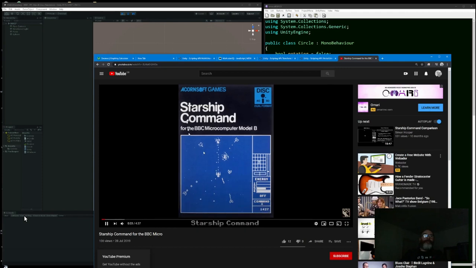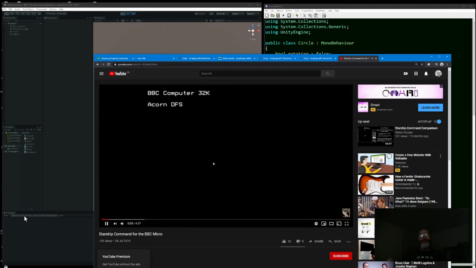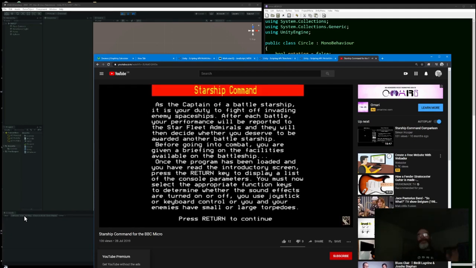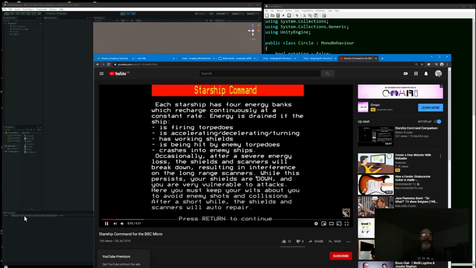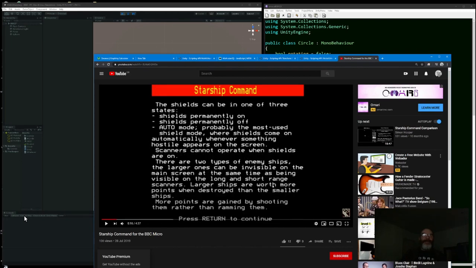This Starship Command, it's a beautiful, beautiful game. I mean, really, I remember playing it. It's like just in front of me there. It's amazing.